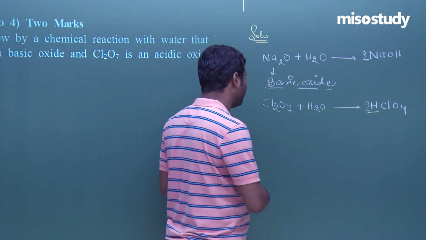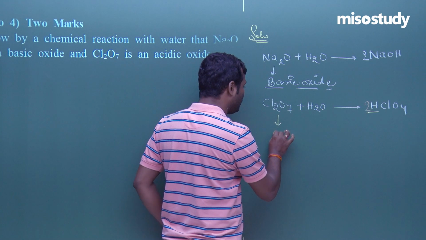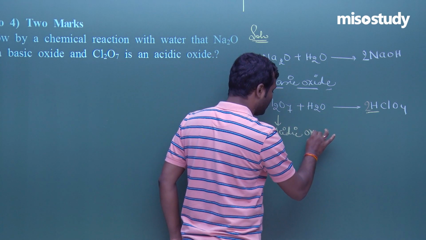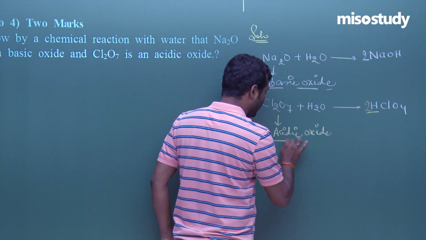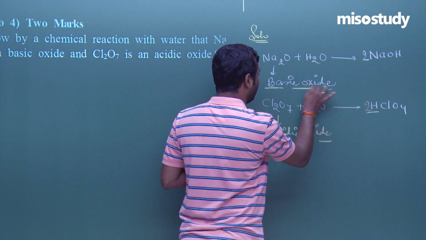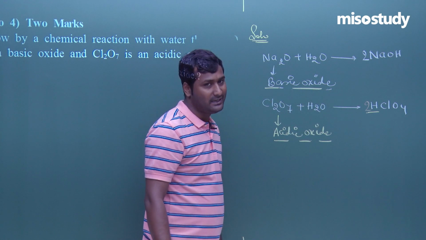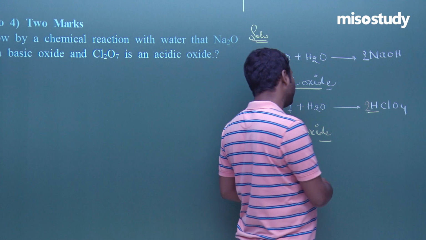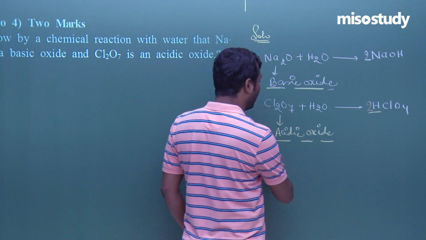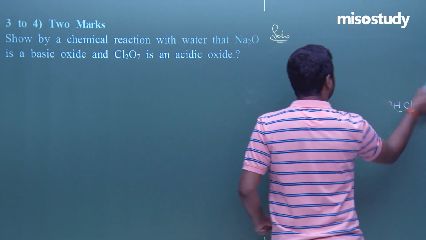So we say that Cl2O7 is an acidic oxide. Am I right? Cl2O7 is an acidic oxide. This is the thing. Basic and acidic oxide. Clear to you? So I think you can easily answer such type of questions. Now I am going to rub this part and we'll discuss the next question.